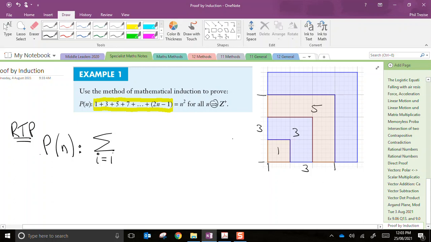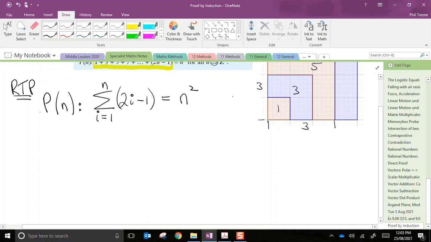So i goes from 1 to n, and the expression at the end, 2i minus 1, gives us the exact thing that I've highlighted in yellow. If we substitute i equals 1, then 2, then 3, all the way up to i equals n, it'll be exactly that. And we're saying that that's equal to n squared. That's our required to prove.